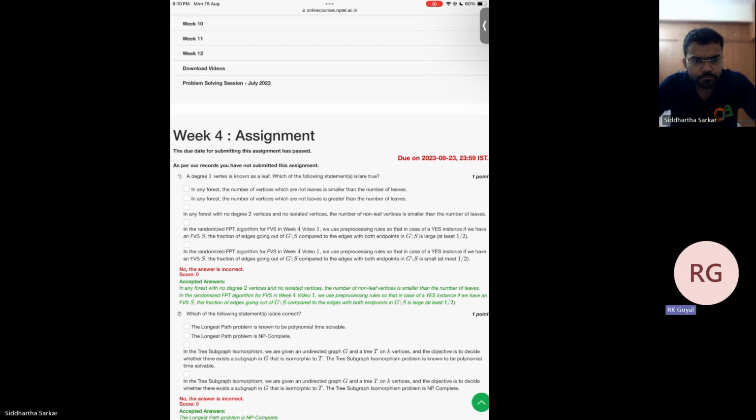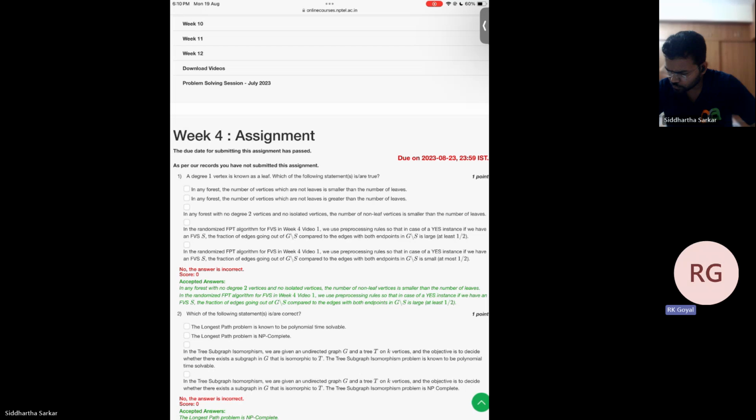Yes, so the first statement is: in any forest, the number of vertices which are not leaves is smaller than the number of the leaves. So in a forest there would be many distinct trees, and so in the trees, how many internal nodes are there?